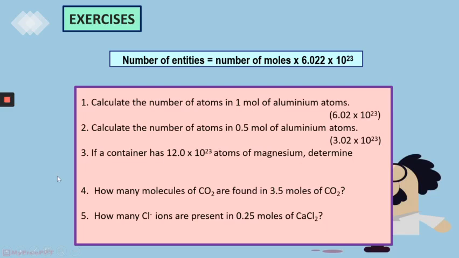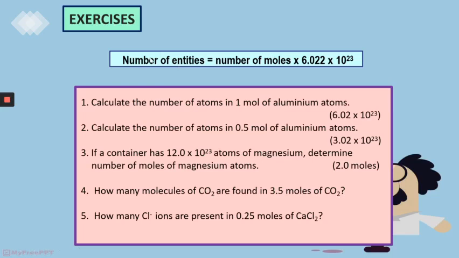Okay. Now look at the question number 3. If a container has 12.0 times 10 power of 23 atoms of magnesium, determine the number of mole of magnesium atoms. So for this question, the number of entity given is the number of atoms, which is 12.0 times 10 power of 23. The question asks for the number of mole.